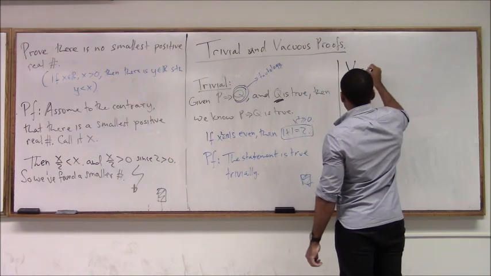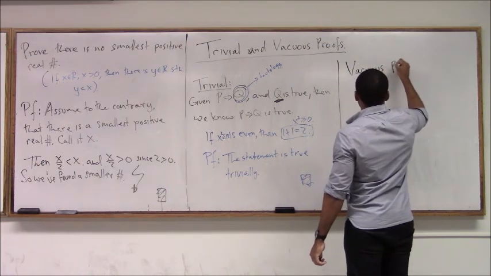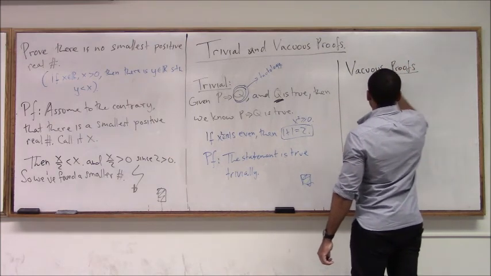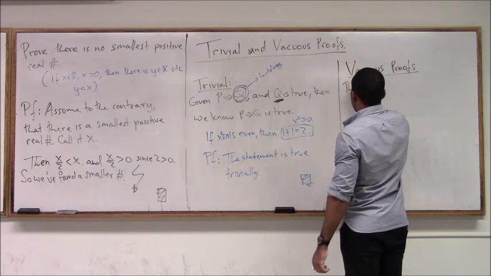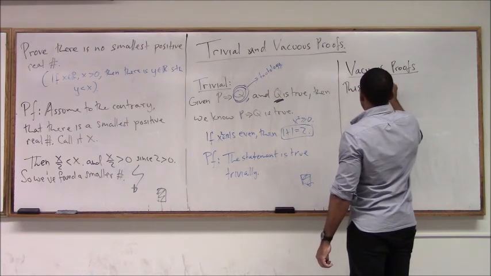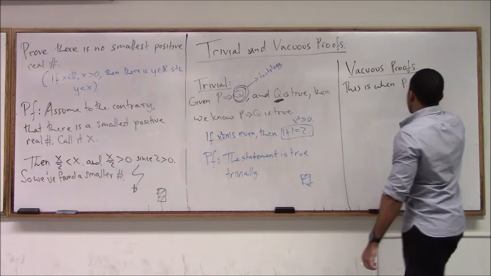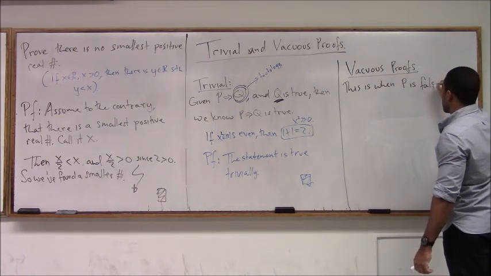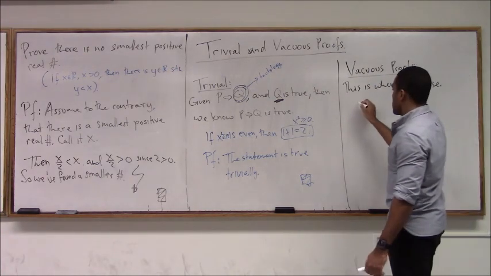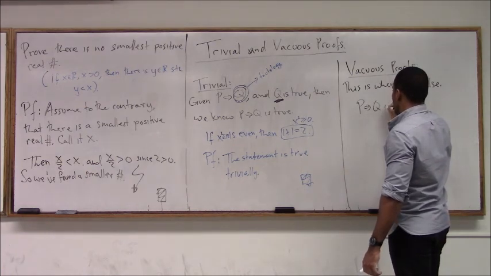In terms of vacuous proofs, this is when P is false. P implies Q will automatically be true.